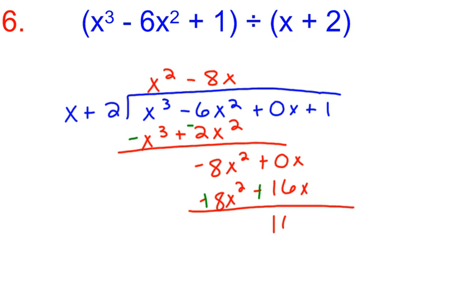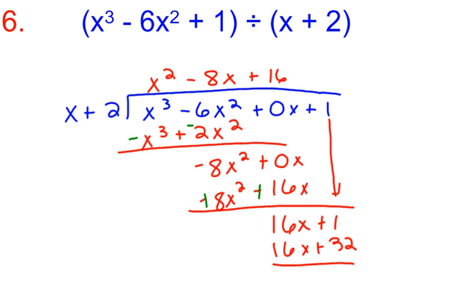So I have 16x, and then I'm going to bring down this 1, plus 1. What times x makes 16x? That would be 16. And then I go ahead and distribute that 16 to the x plus 2. So I would get 16x plus 32. Change my signs, and I see that I have a negative 31 here.